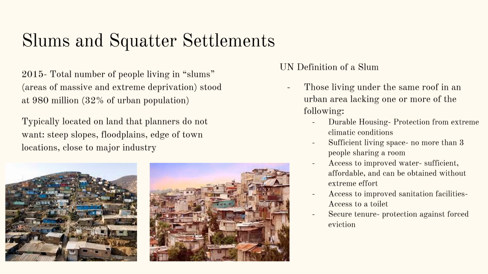That would be part of this durable housing. Sufficient living space, so having no more than 3 people living and sharing a room. Access to improved water, so having access to sufficient, affordable water, and that it can be obtained without extreme effort on a daily basis. That would be sort of working out of a slum area.